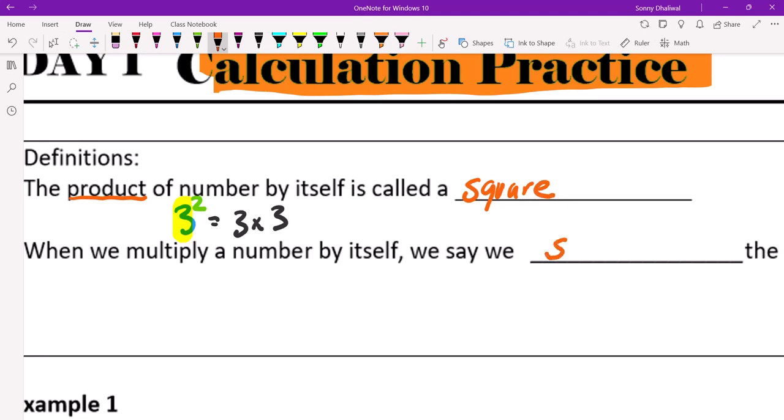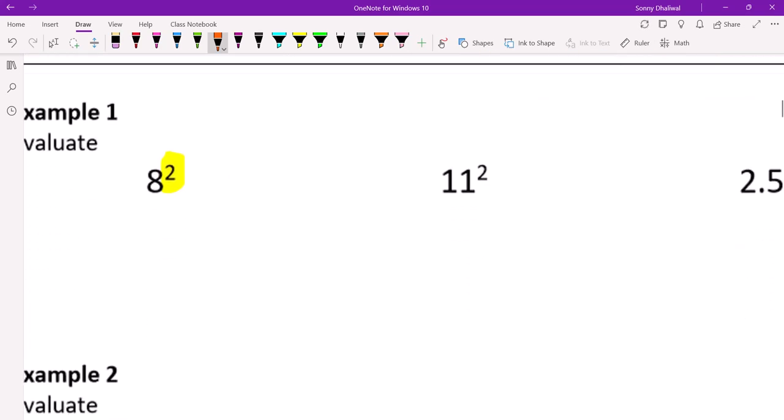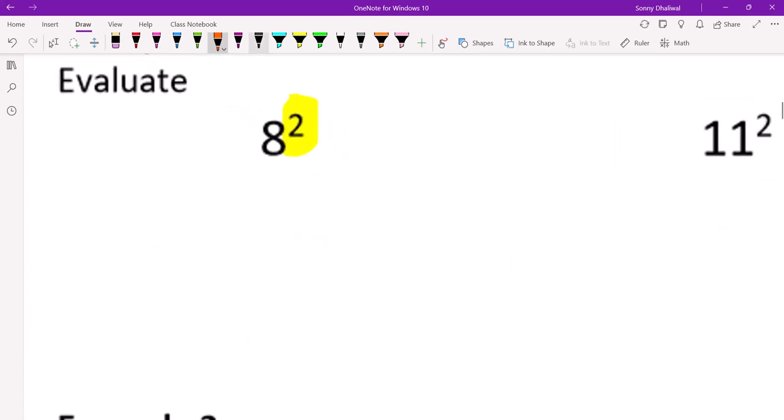And this process is called squaring. That should be down here, right? All right, so we're just going to practice this. If I write down 8 to the exponent 2, what I'm asking you to do is 8 times 8. You grab your calculator, that's 64.